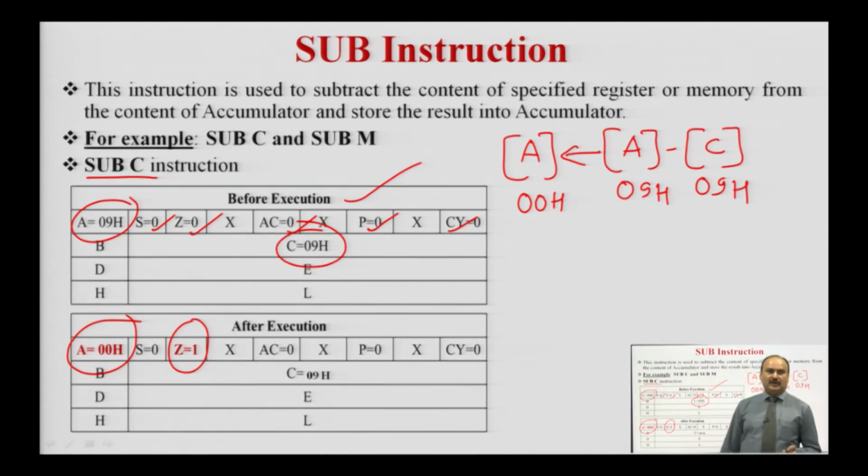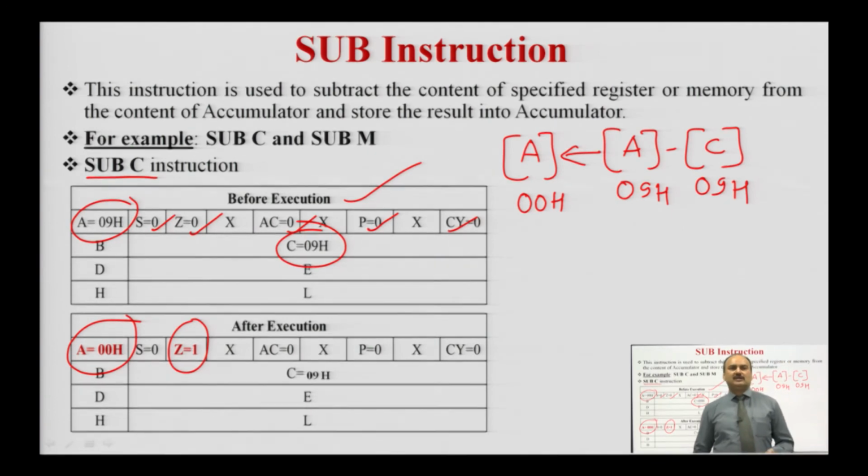So, this way the microprocessor performs the operation. When the microprocessor subtracts the same number, the result is 0, which means the zero flag is set. If there is a carry generated from the D7 position, it means the result is greater than an 8-bit number, and the carry flag is set. If the auxiliary carry flag is set, it means the number in the lower nibble is an invalid BCD, or we can say the number is greater than 9 and a carry is generated from the D3 position to the D4 position bit.